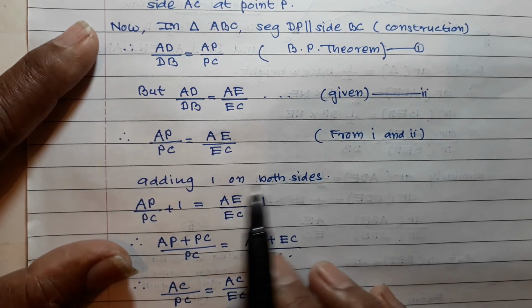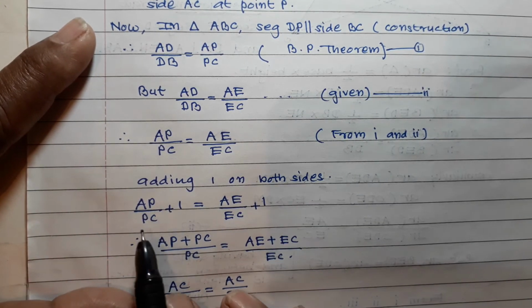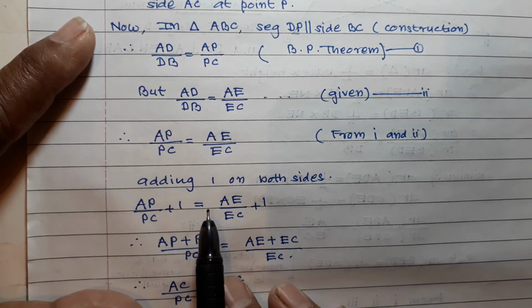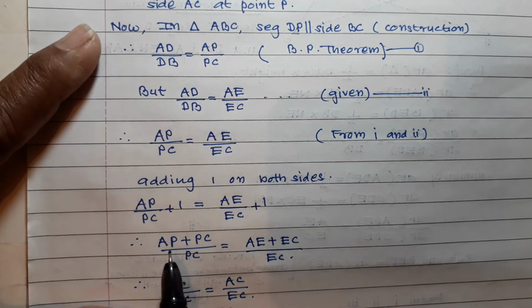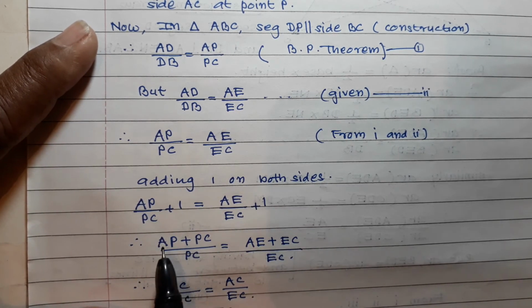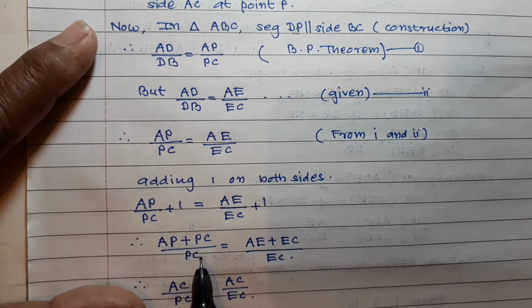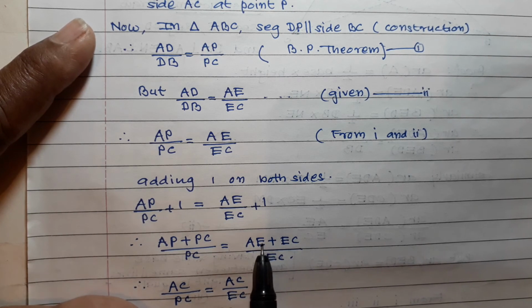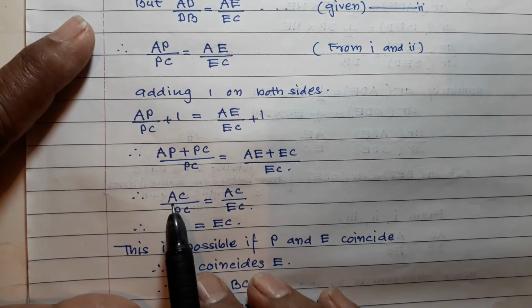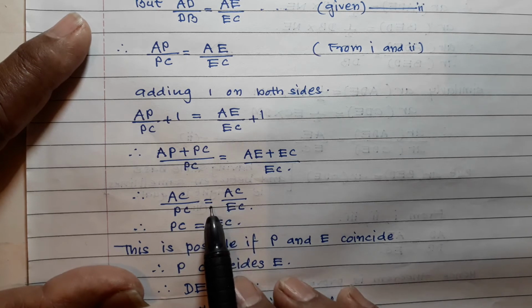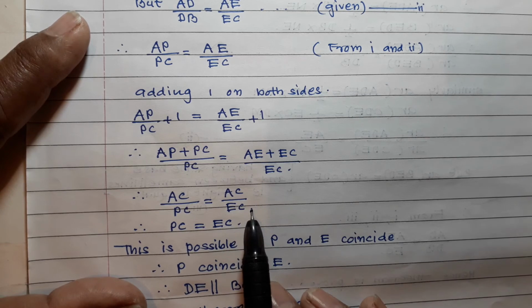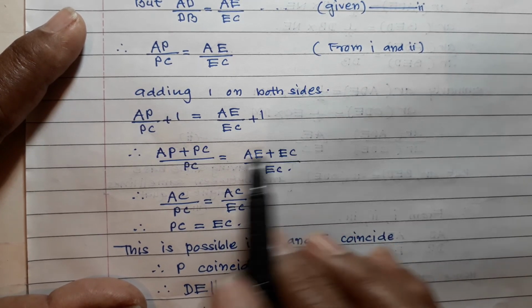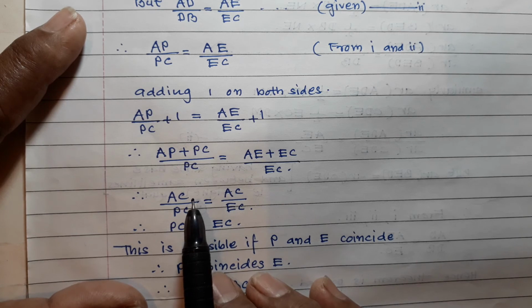Adding 1 on both sides, AP upon PC plus 1 is equal to AE upon EC plus 1, and therefore if you simplify this you will get AP plus PC upon PC is equal to AE plus EC upon EC, and this is equal to AC upon PC. Therefore AC upon PC is equal to AC upon EC.